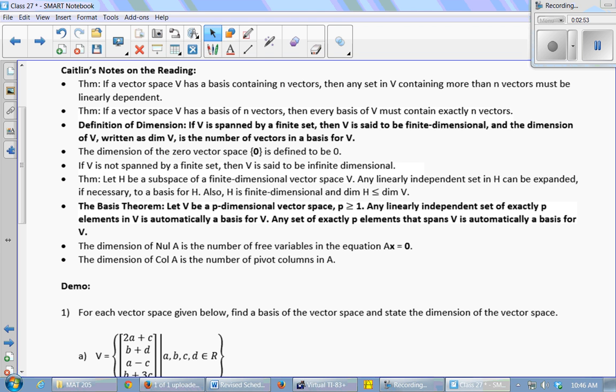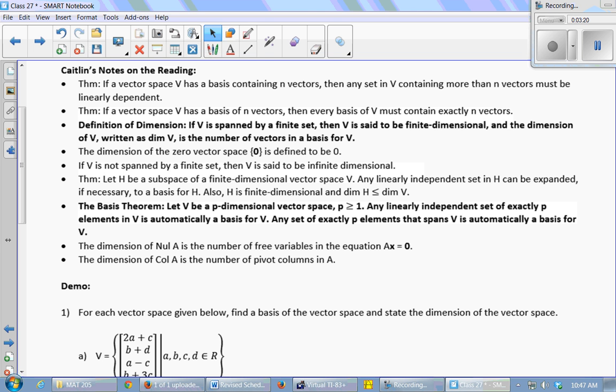Normally, to prove something's a basis, you have to show that it spans the vector space and that it's linearly independent. This theorem says that if you have exactly p vectors in a p-dimensional vector space, you only have to show one of those two things, and you've shown that it's a basis. You can show that it's linearly independent or that it spans the space. Usually showing linear independence is easier than showing spanning.